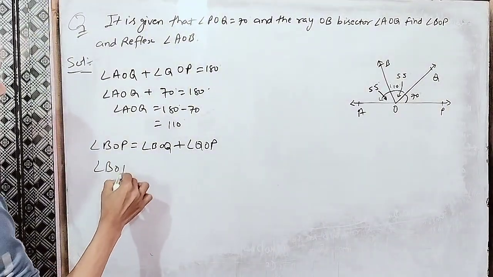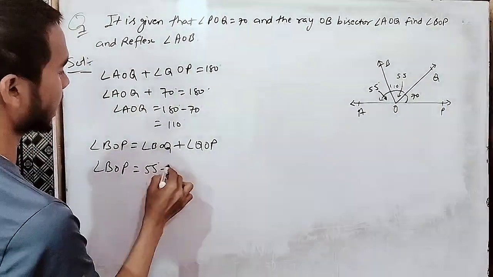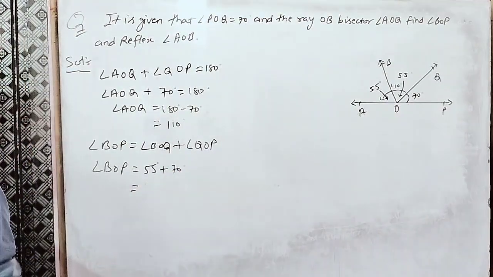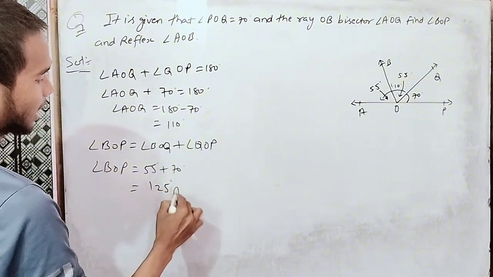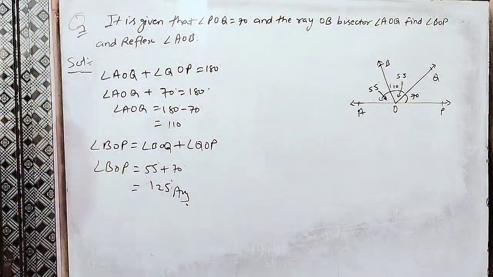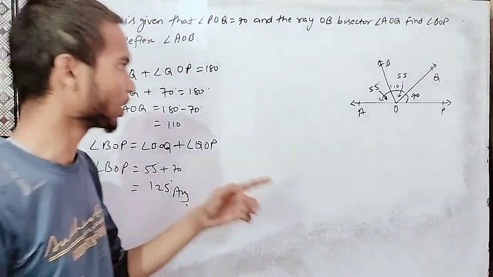So BOP, the value of this is 55 and the value of this is 70, would be 125. Yes. So from here till here, the value of angle BOP is 125 degrees.